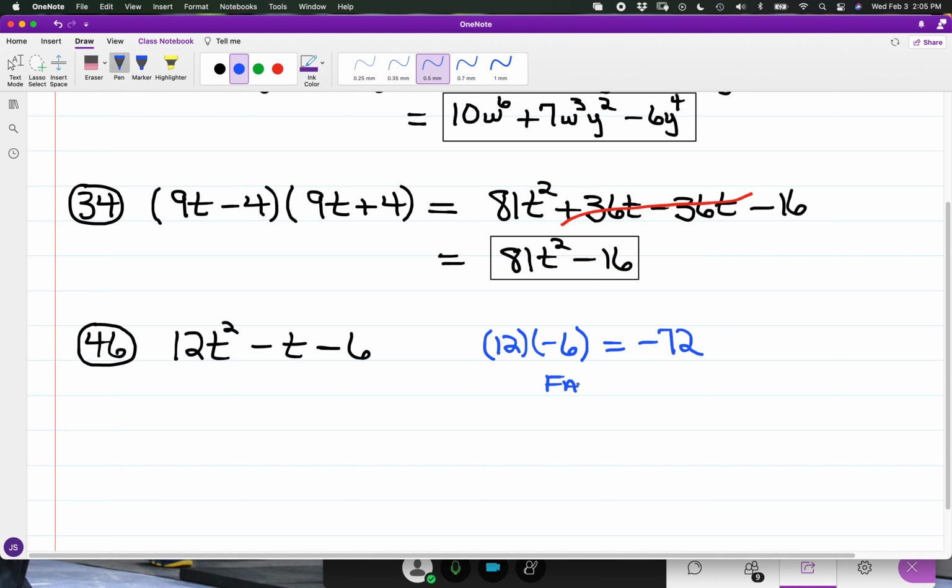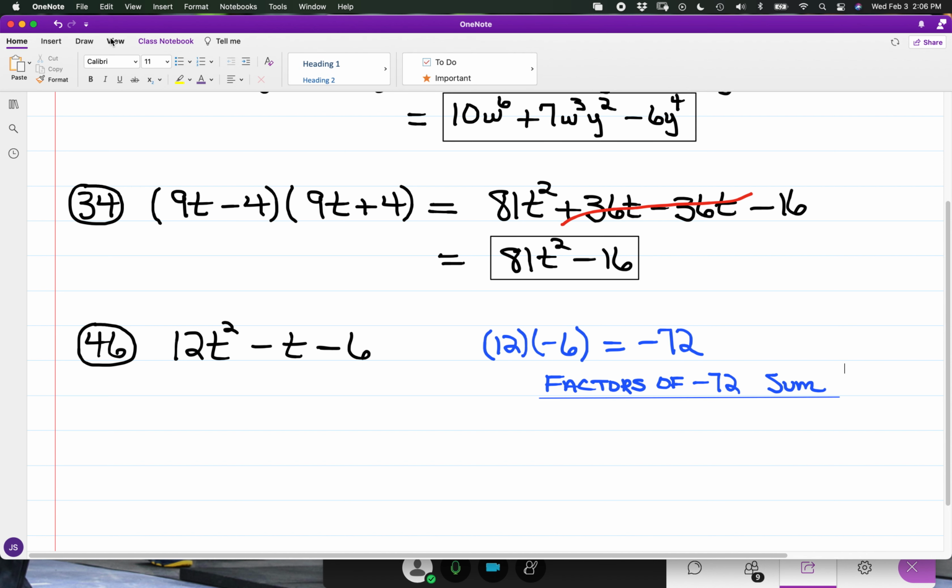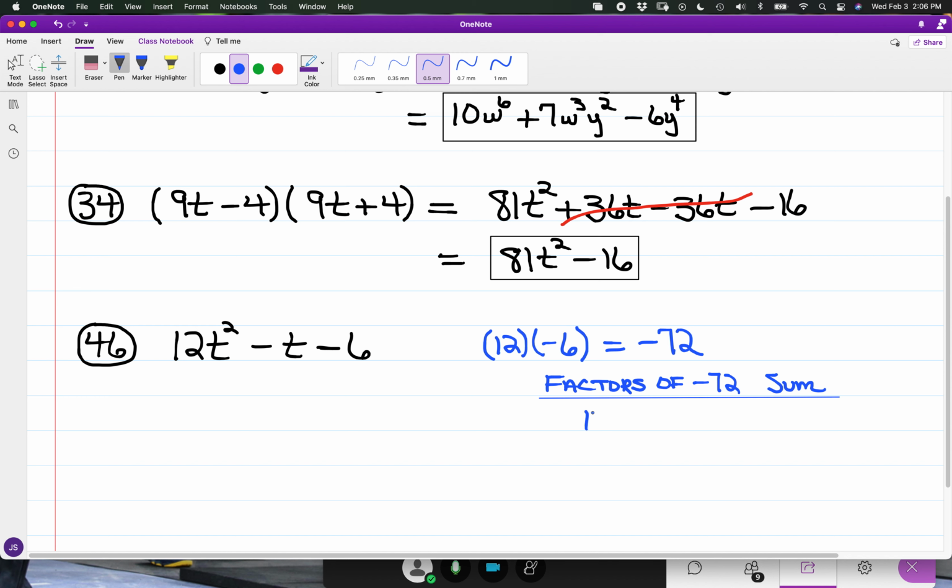Looking for factors of negative 72, and trying to find those that will add up to negative 1. Once again, we got to negative 72 with 12 and negative 6.